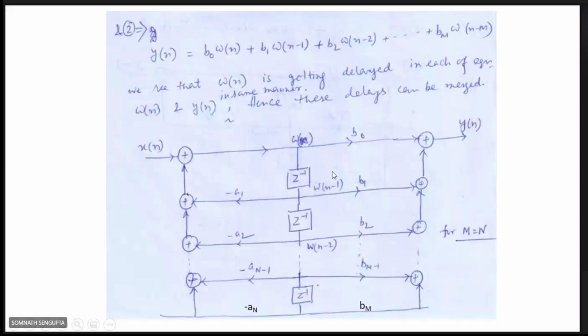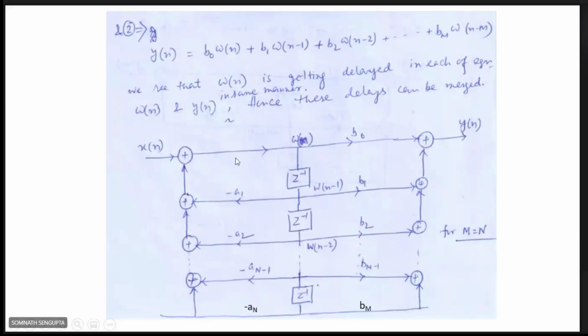Then from any transfer function, you can directly implement this structure. So no need to draw it in detail. Okay, just keep it in mind that the coefficients b, which go to the output side y[n], are all taken as positive. That means their sign will not change.